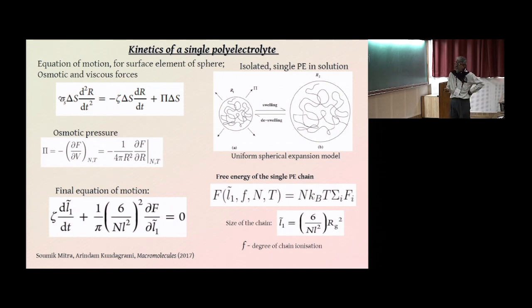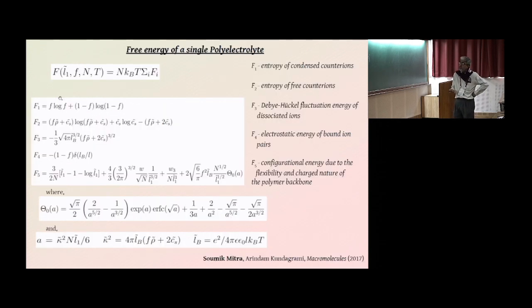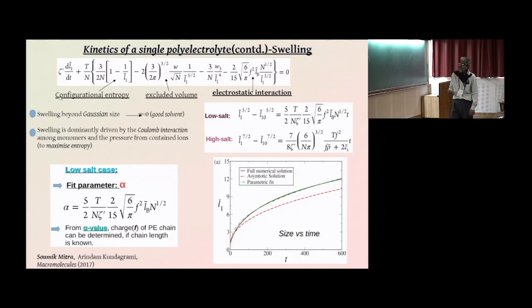It's a kinetic equation. We took the free energy of the chain, which I had shown before, and we could come to this expression at low salt. The kinetic equation, you can see, is dL/dt, where L is the size. There are three different contributions we could see.